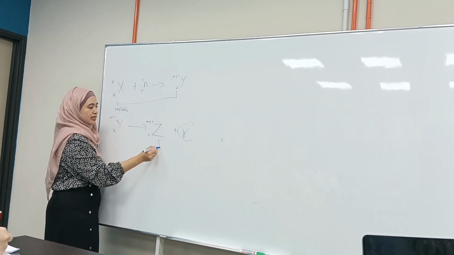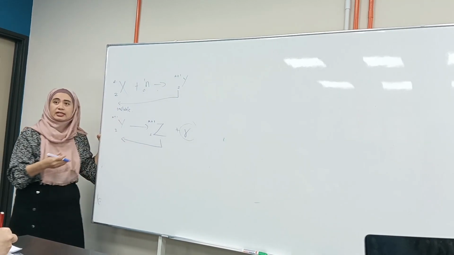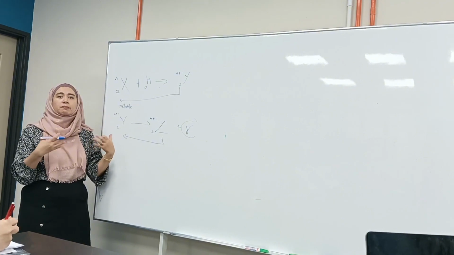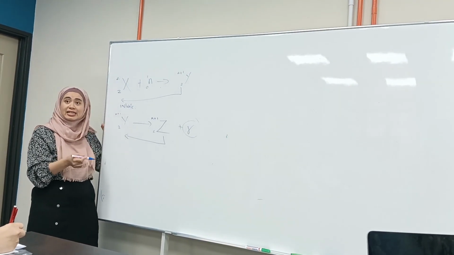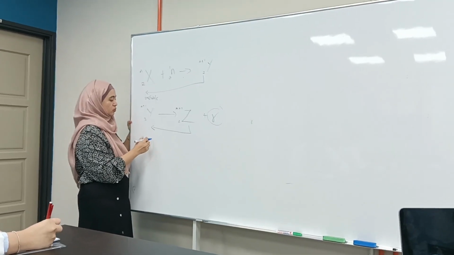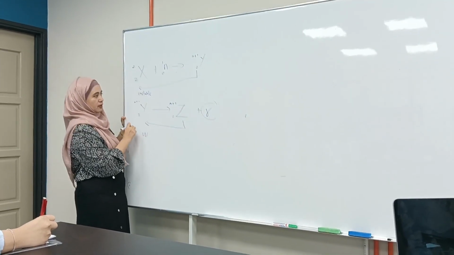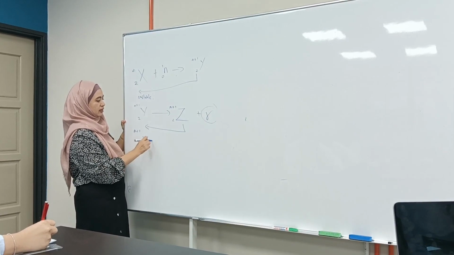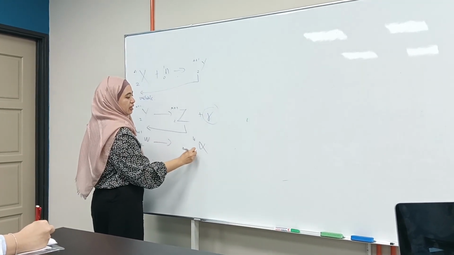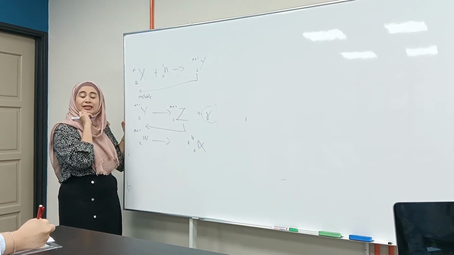Now this can further decay if it's still unstable. Any unstable nucleus will force itself to keep on going onto a decay scheme to reach a stable state. So it gave probably W, A plus 1, Z. Maybe it would release alpha. What is alpha? It's the nucleus of helium, so it's 4, 2.